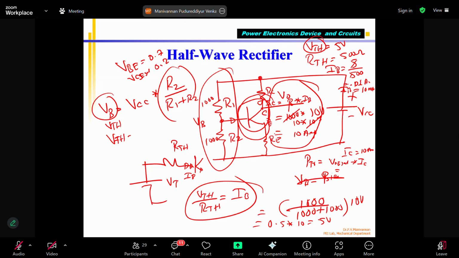Please remember, if the transistor is conducting, if IC is flowing, how do you know? IC is not equal to 0 when IB is not equal to 0, and IB is not equal to 0 when VB is greater than 0.7 volts.